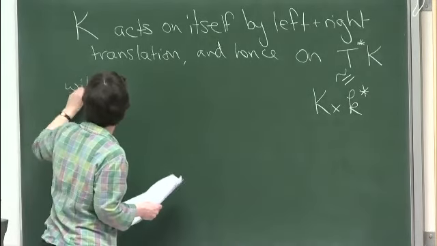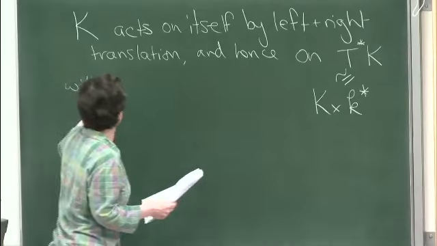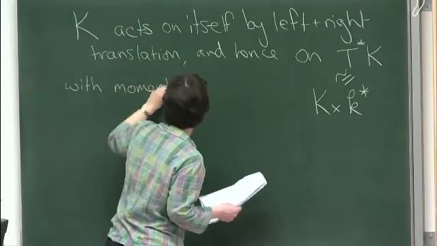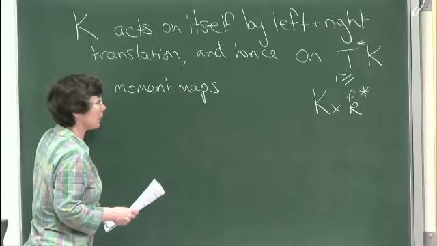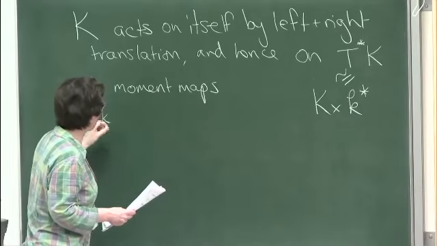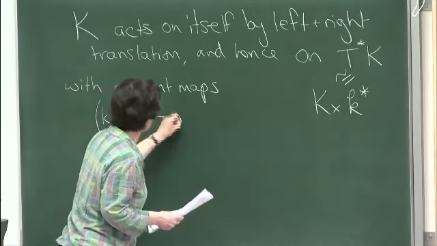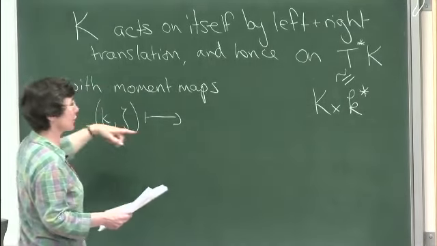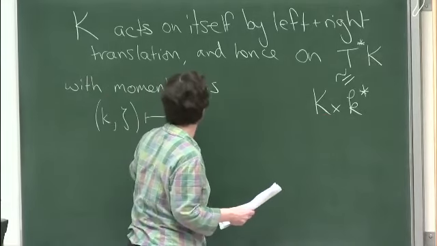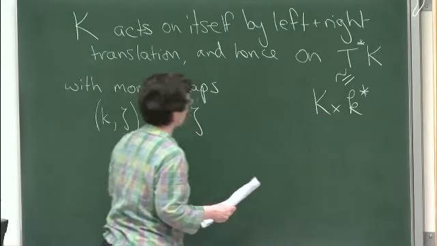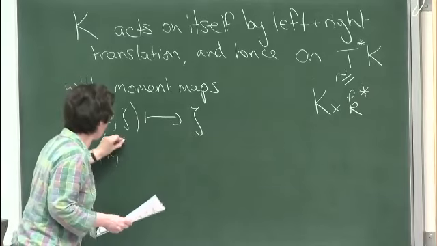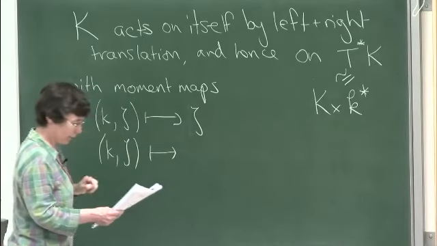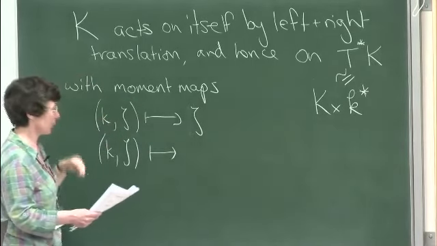Then, depending on your exact conventions for this identification, you get moment maps. So for one action, just given by projection onto the dual of the Lie algebra, and for the other, you compose that with the coadjoint action of the element of the group.